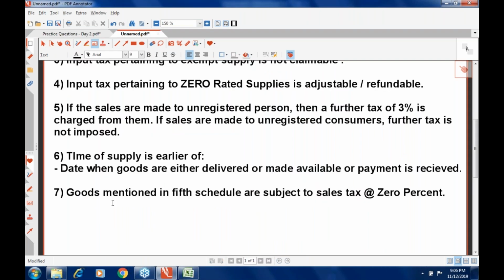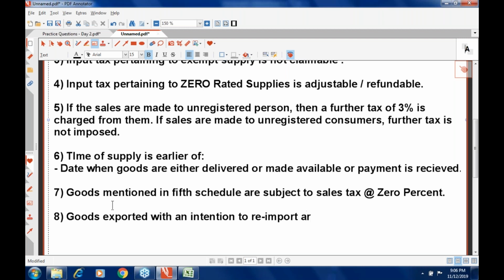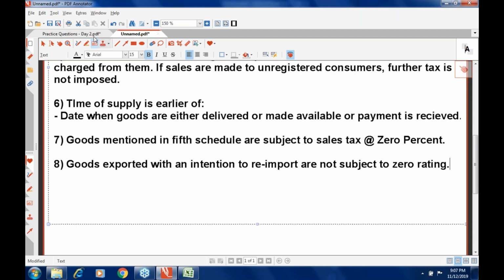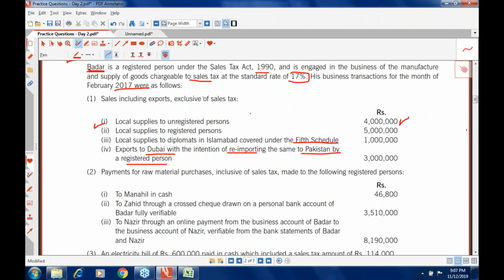We did discuss in yesterday's session also that goods exported with an intention to re-import are not subject to zero rating. So if you are exporting the goods with an intention of re-importing, then such goods will not be subject to zero rating. That's what is there with respect to the sales.